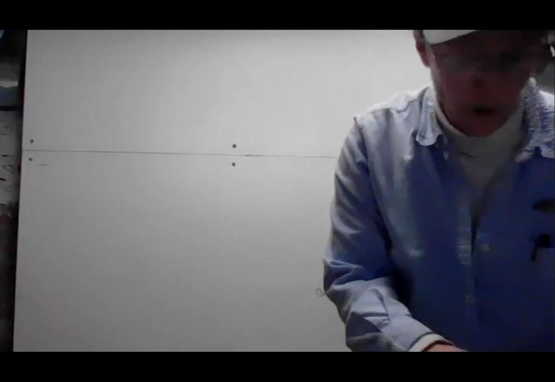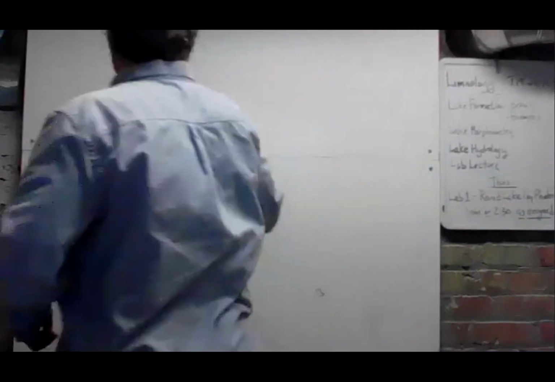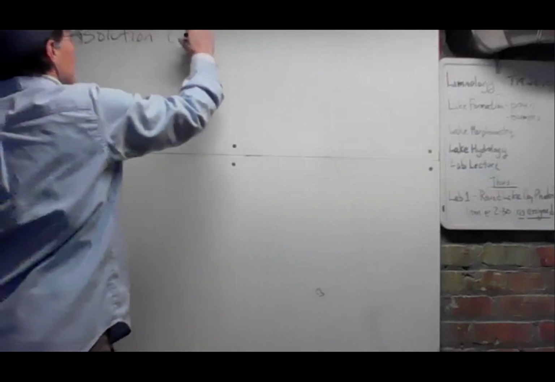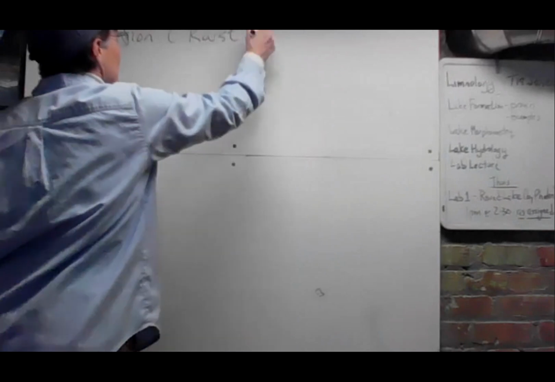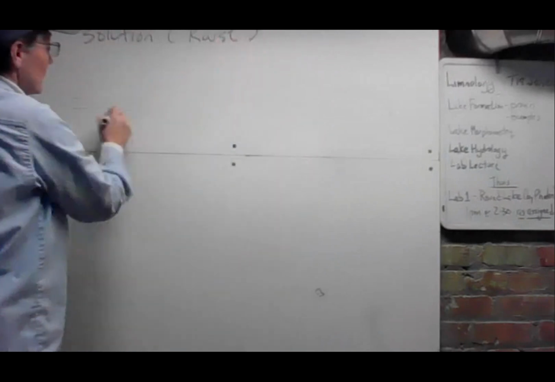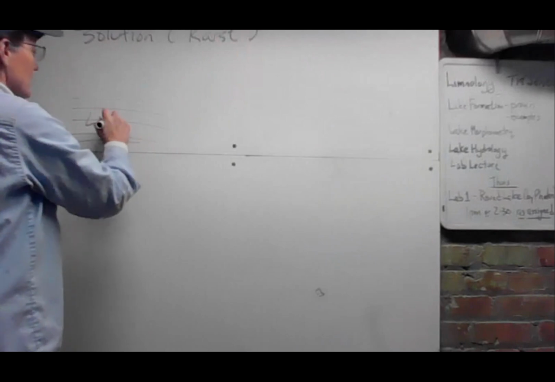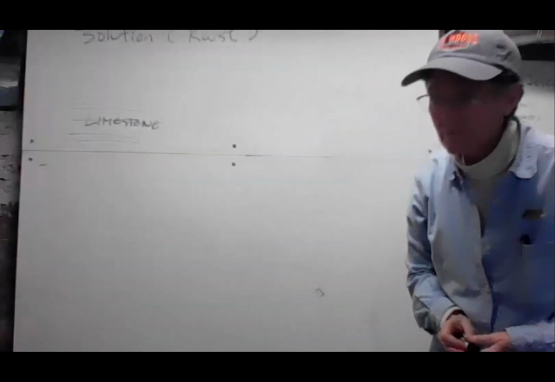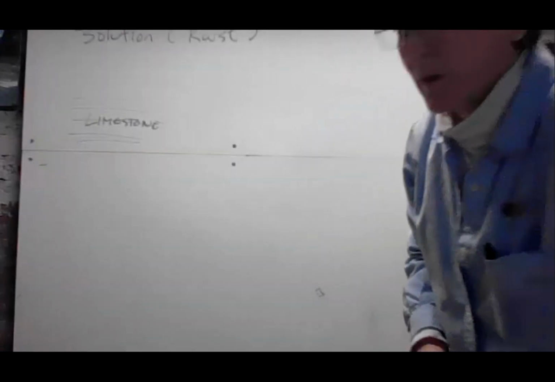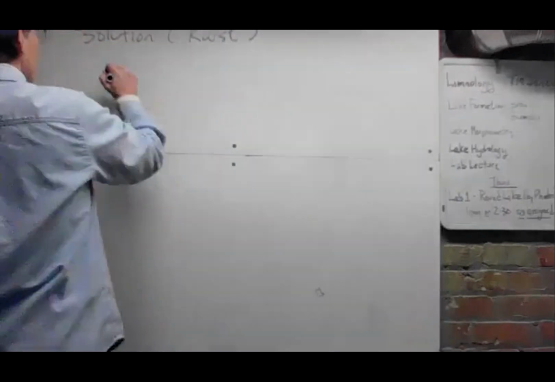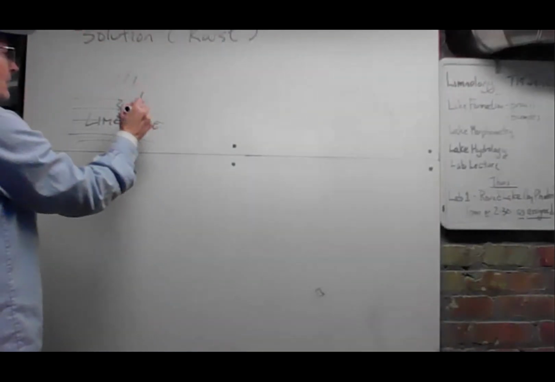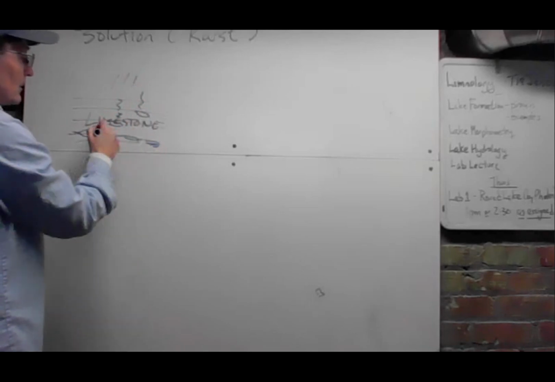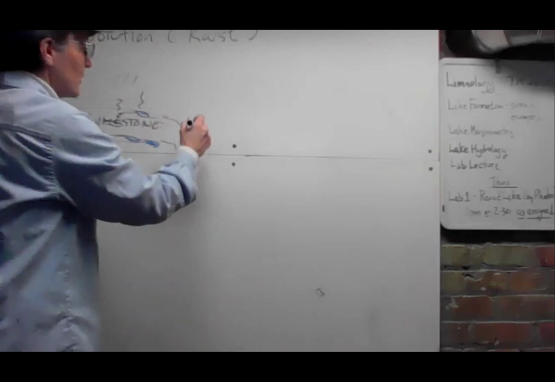There are also solution or karst lakes. And here it is. If you've got limestone, you can see that's limestone there. And you get water trickling in from the rain. It tends to dissolve the limestone and then flow, you know, as it flows along.